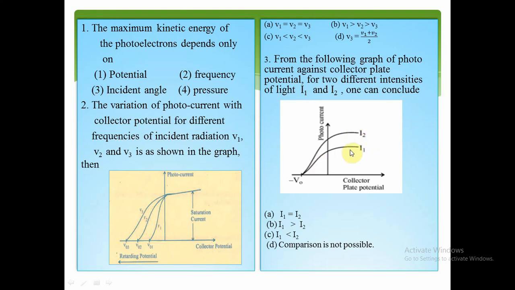As we go on increasing the intensity of the incident radiation, the saturation current also increases. Therefore, if we observe the diagram properly, I1 must be less than I2. Option C must be right because the incident intensity is less for I1 compared to I2.